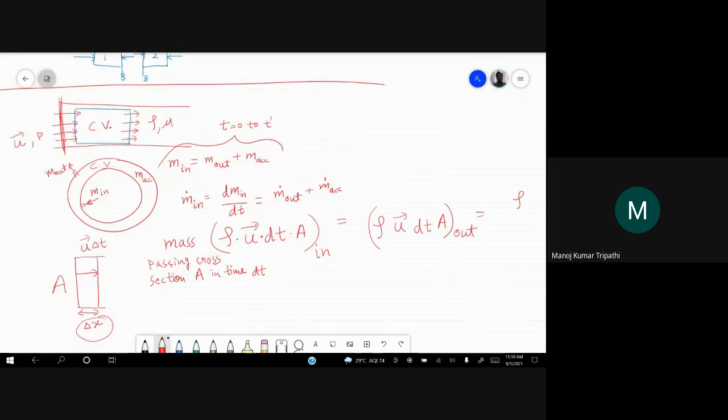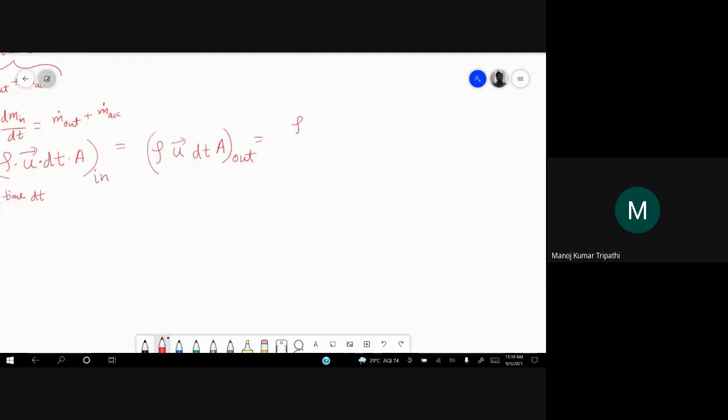Let us say that it is capital V. So d by dt of rho V, where rho is the density inside the control volume and capital V is the volume of this control volume.